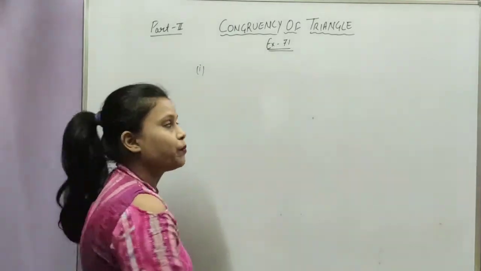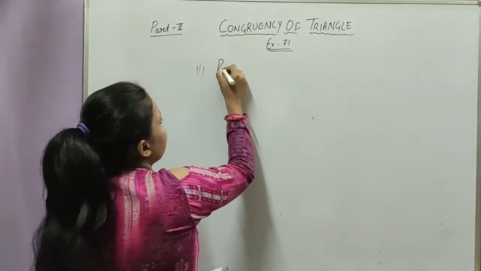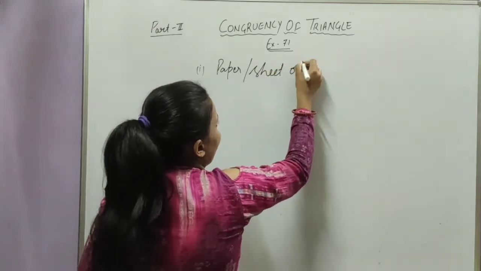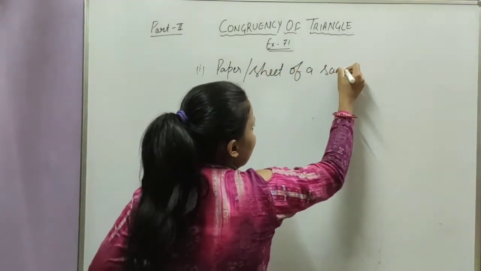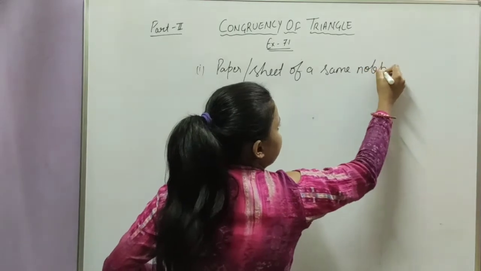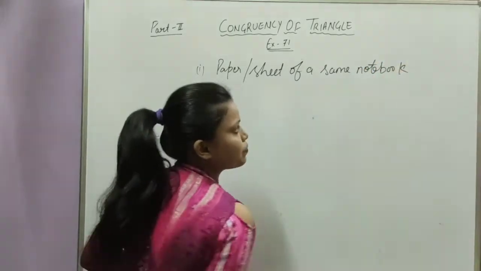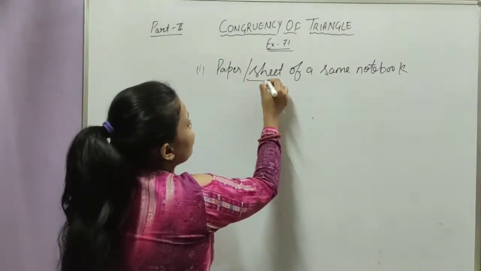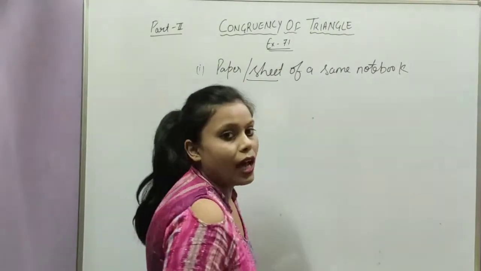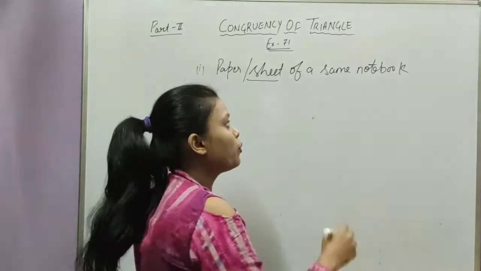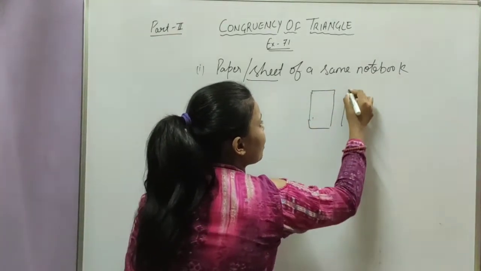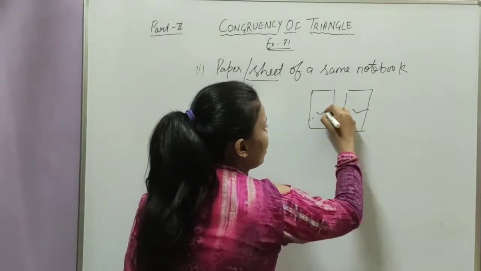I can give you paper, or we can say a sheet of the same notebook. Right? If we are having one notebook and we are tearing two pages of that same notebook, they will be congruent to each other.